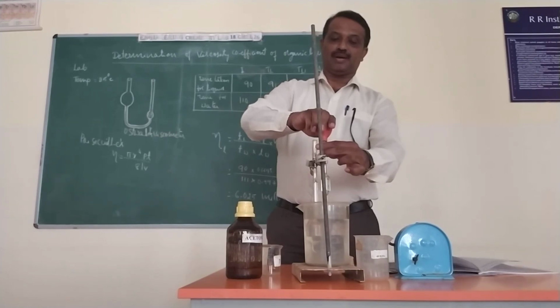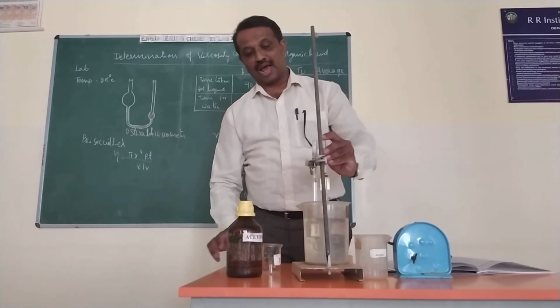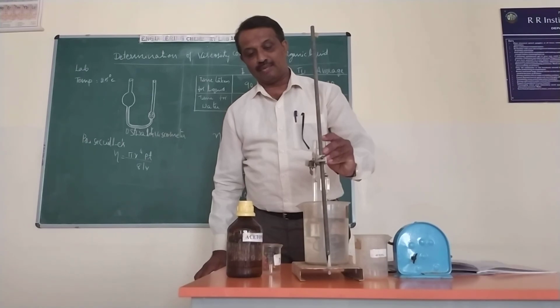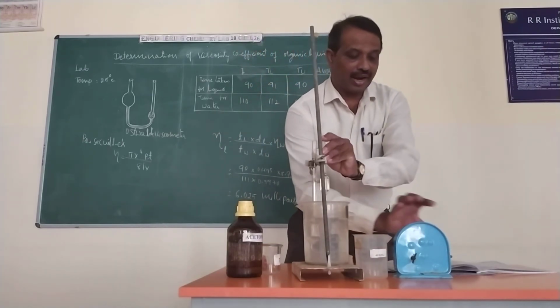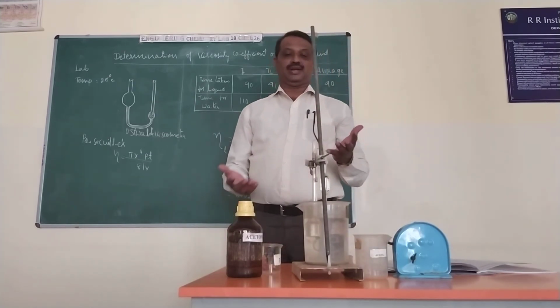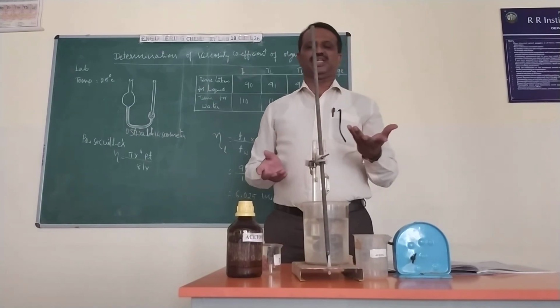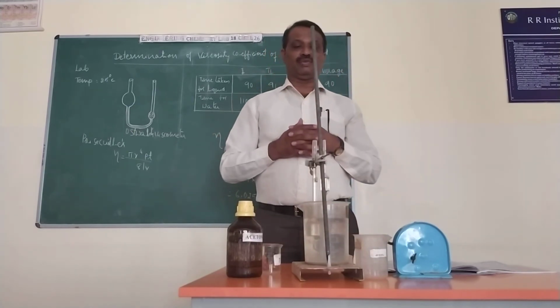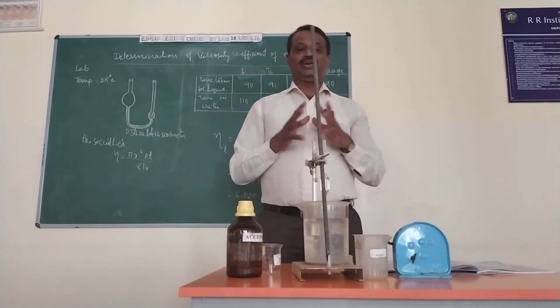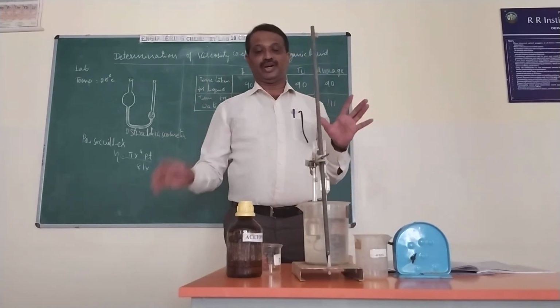Before that, ensure there are no air bubbles and no impurities. The variation is almost nil, maximum 2 seconds, minimum 1 second. If you are very exact, you may not even get 1 second of variation.